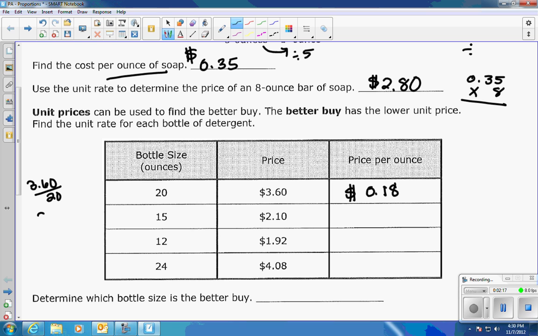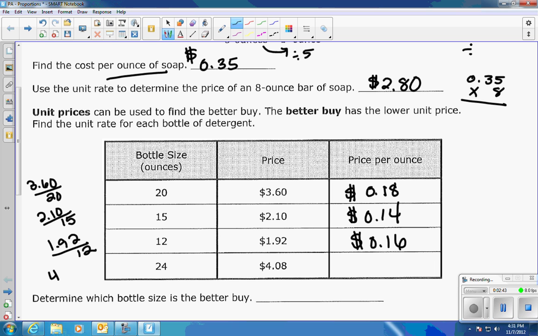We're going to take our price per ounce and we're going to divide it to get 14 cents. Our price per ounce is 16 cents.